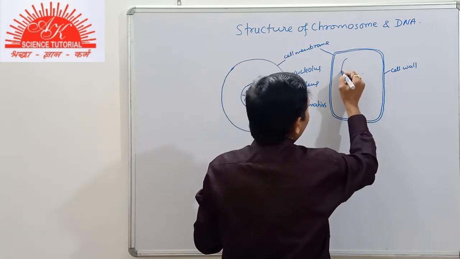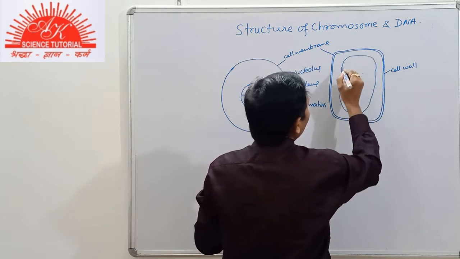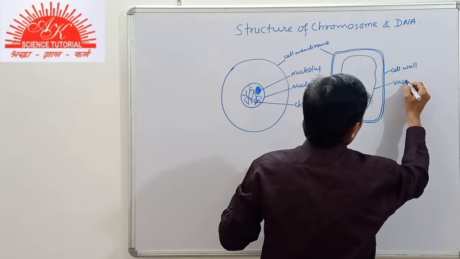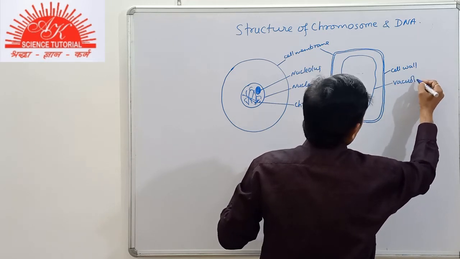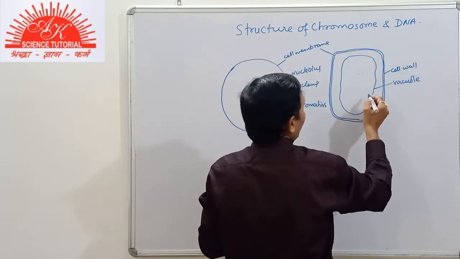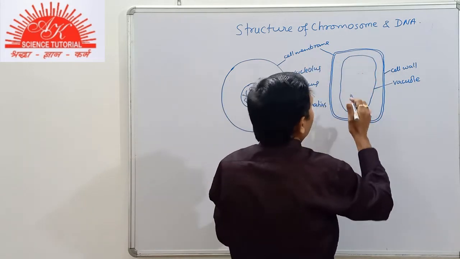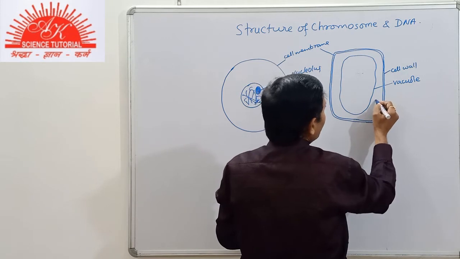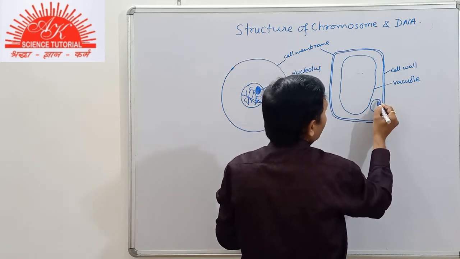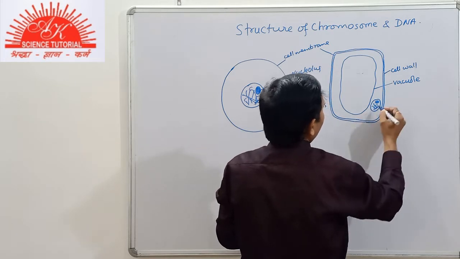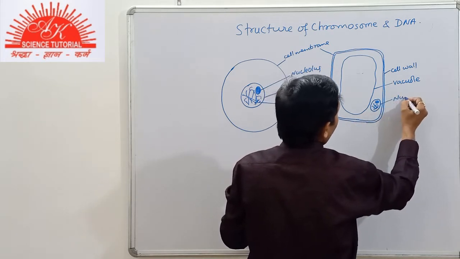In plant cell, since there is a large vacuole inside, in which the cell sap is contained, its cytoplasmic organelles are on the peripheral side. So nucleus will also be on the peripheral side. Suppose this is the nucleolus, chromatin fibers. So this is nucleus.